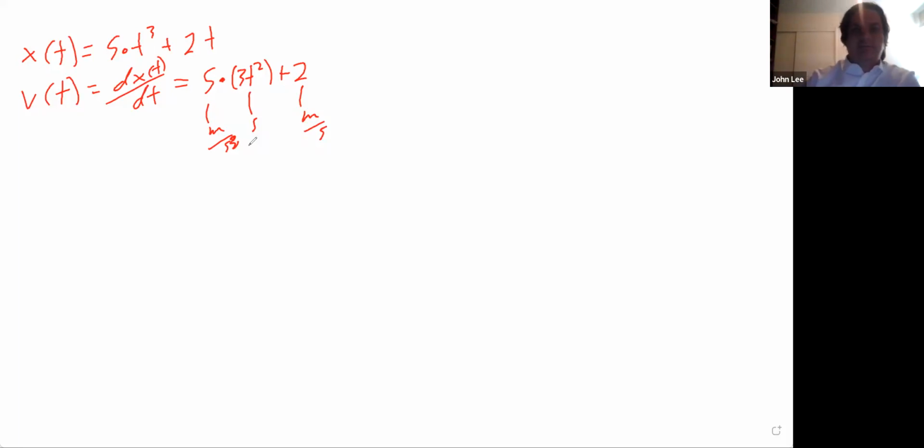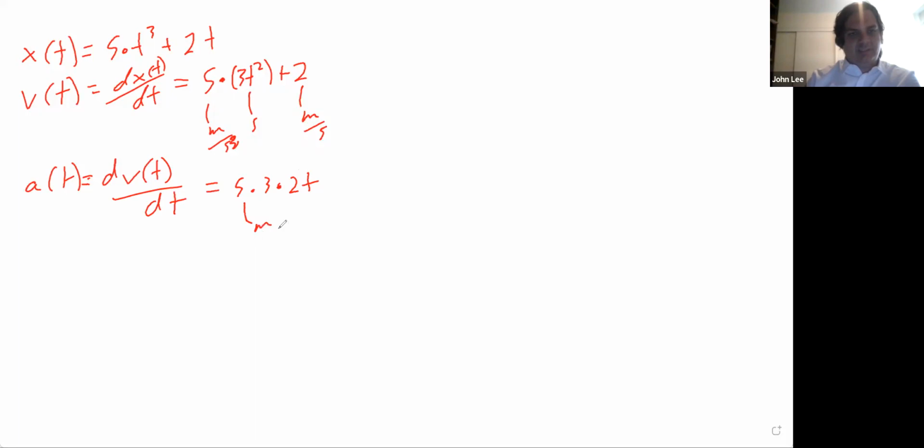And then if you have that equation, then a of t is equal to dv over dt, which is equal to 5 times 3 times 2t, where 5 is 5 meters per second cubed, and t is in terms of seconds. And then these are just numbers.